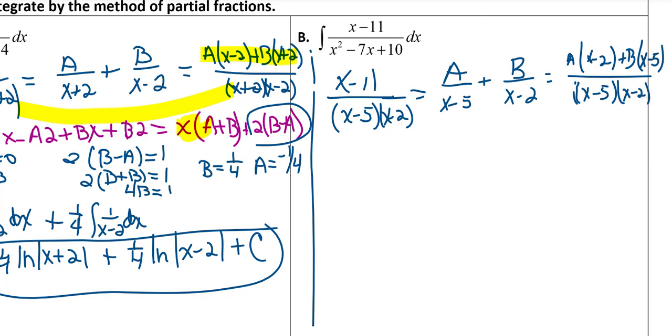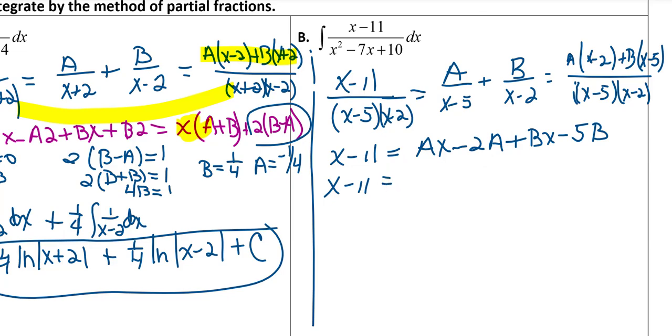So now I have x minus 11 is going to just equal the numerator, and I have Ax minus 2A plus Bx minus 5B. Now in this case, when I put my like terms together, when I factor an x out, I have A plus B, and then I also have negative 2A minus 5B, and I can't really factor anything out of that.